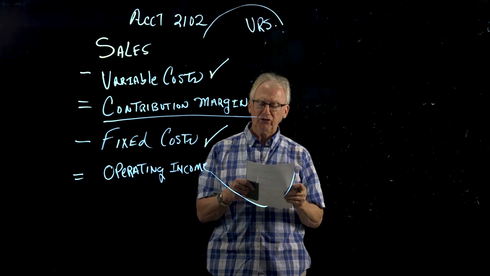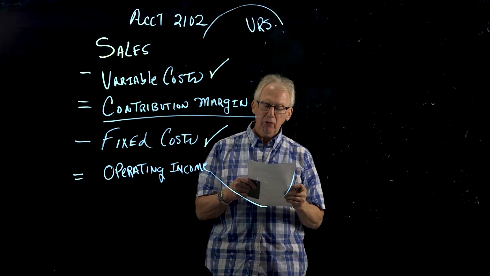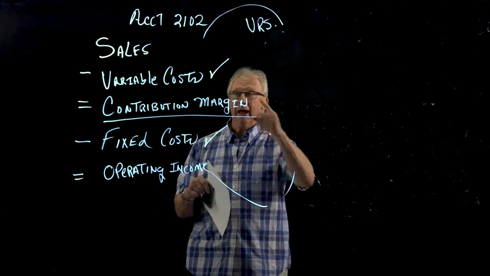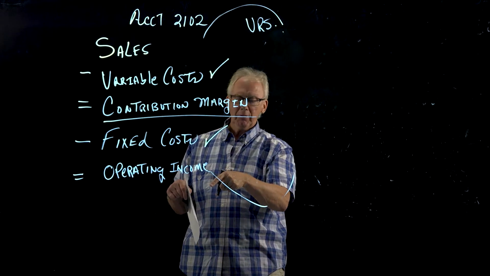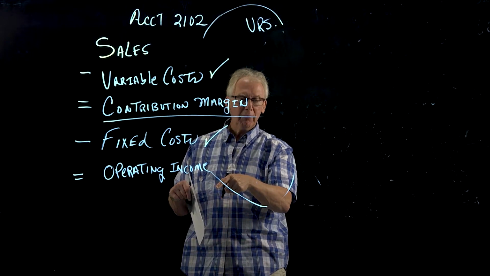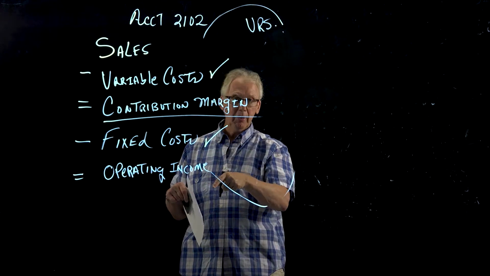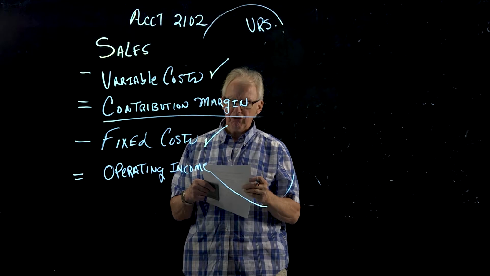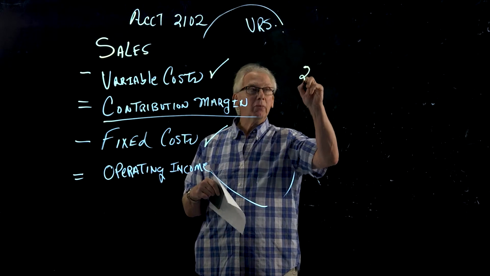It starts with CMA Incorporated produces a product that has a variable cost of $2.50 per unit. And I'd set this format up on my piece of scrap paper right at the beginning of the exam, so you have this all set up. So let's put these numbers in.